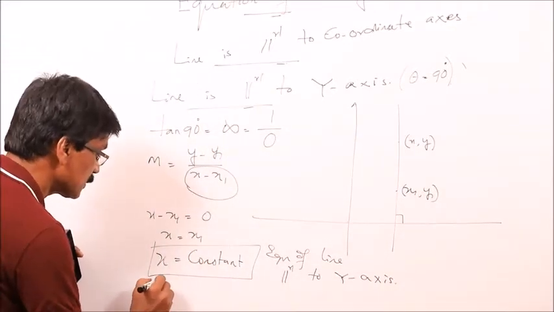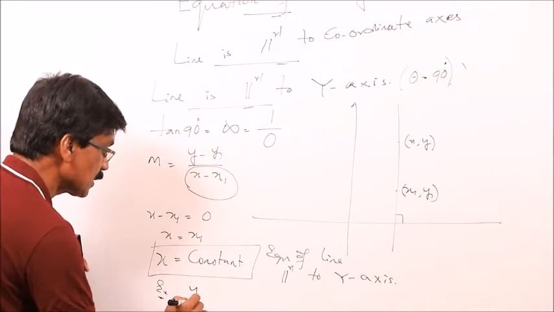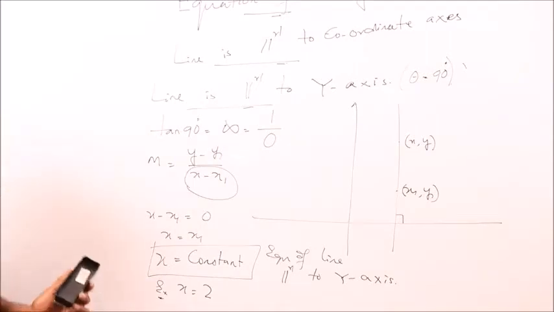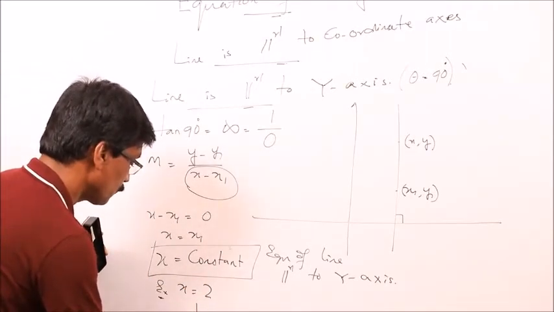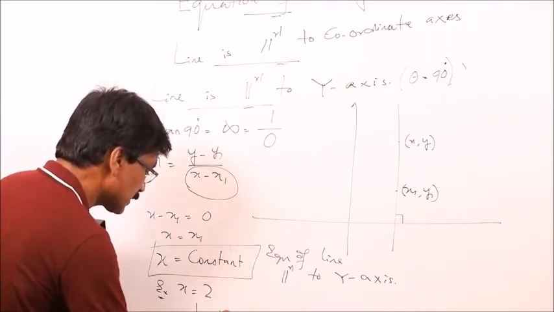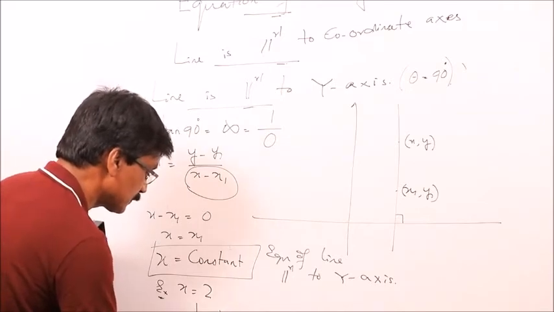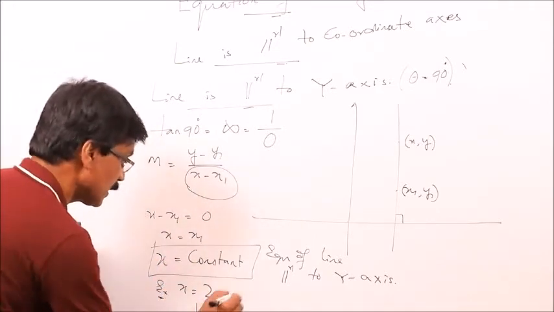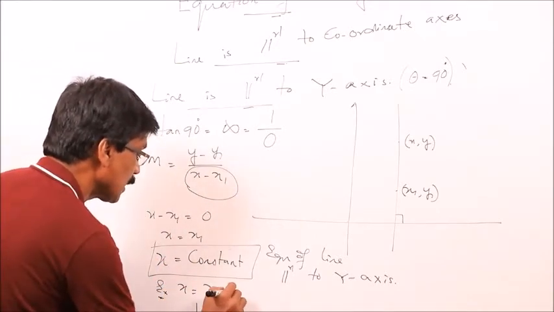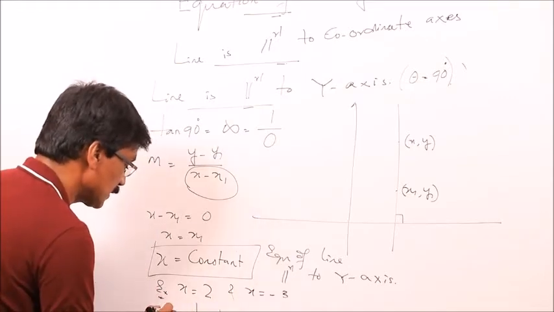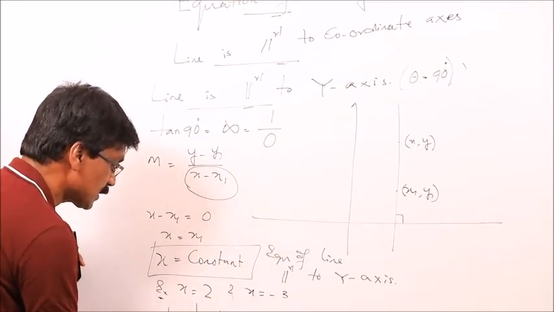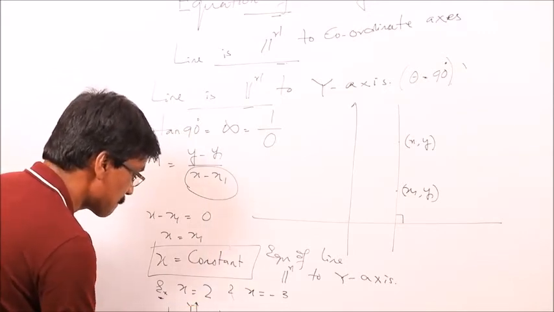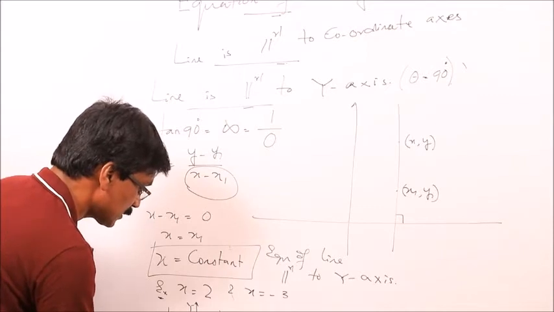So, we can take an example, x is equal to 2, here we move along the x axis 2 units. Similarly, x is equal to minus 3, that is we move 3 units towards the left of the y axis along the x axis.